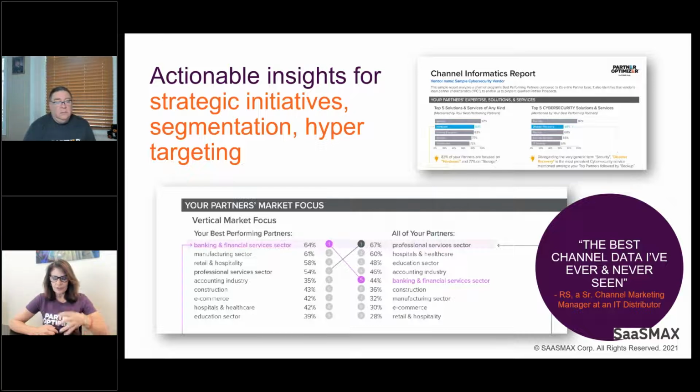So of course, there's an obvious insight there, which is find those partners focused on banking and financial and target them. Spend more time on them than the others, because there's obviously a trend there that matters. We look across all those different business attributes, and we're able to tell you these insights so that you can really allow the cream to rise to the top.